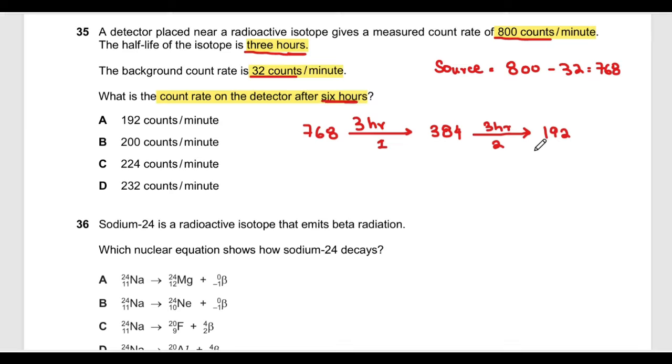Now we are measuring it with the help of a detector, so the detector will again add the background count to this 192. The reading that we'll get in the detector would be 192 plus 32, which is 224 counts per minute. Option C.